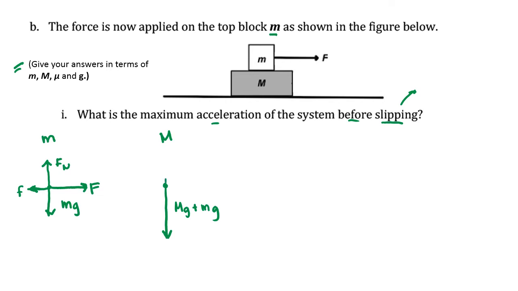We have the normal force exerted on the system, so we'll call it Fn, but this one is small m plus capital M. We have friction. As we exert this force on the smaller block, the bigger block comes along with it, and that is because of friction.